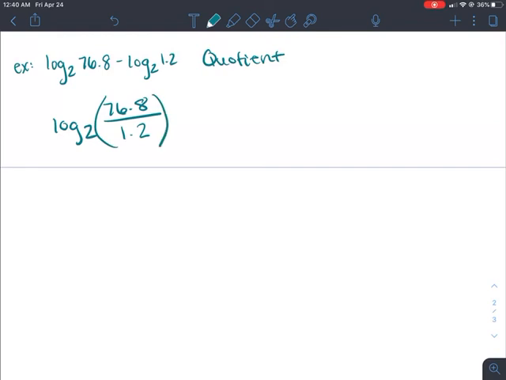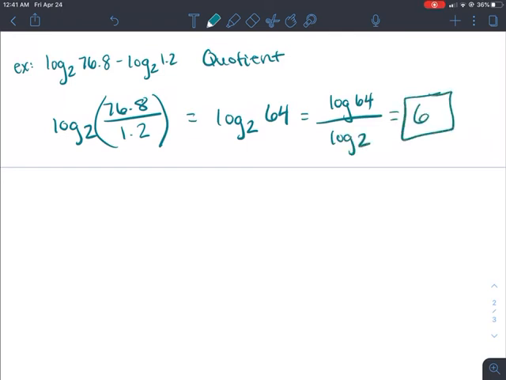I'm going to plug 76.8 divided by 1.2 into my calculator, which gives me log base 2 of 64. Then I use my change of base formula, and I get log of 64 over log of 2, which when I plug into my calculator gives me a value of 6. And that is how you solve for the functions using the properties of logarithms.